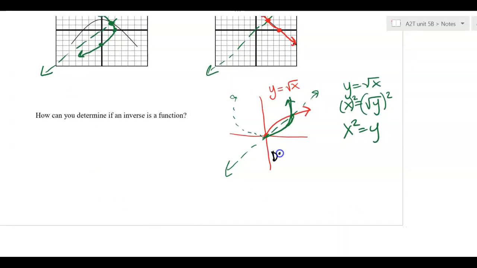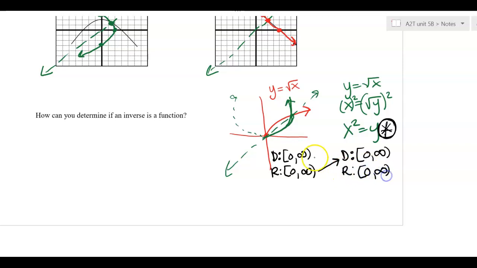So since the domain of the square root function is only 0 to infinity and the range is only 0 to infinity, even though I get this equation as my inverse, that's not wrong, but it's that equation, but only in the domain from 0 to infinity because the y's became the x's, so they're restricted the same way. And then the range would also be from 0 to infinity because the x's became the y's.